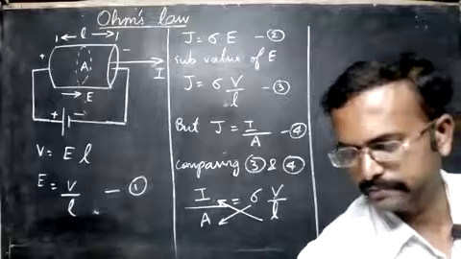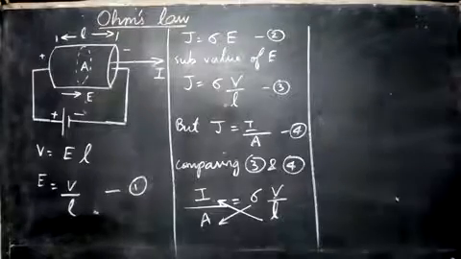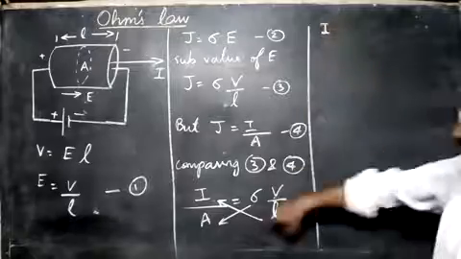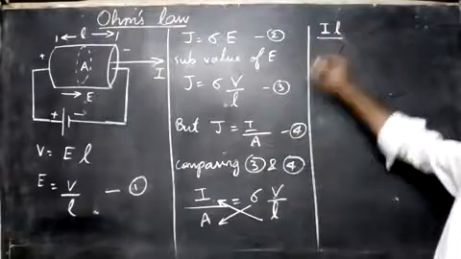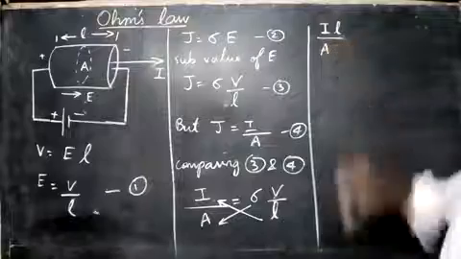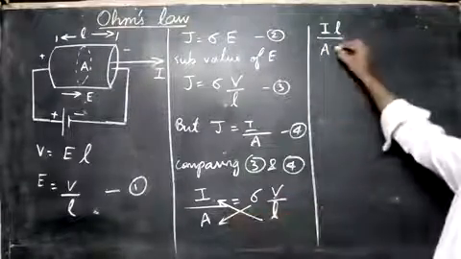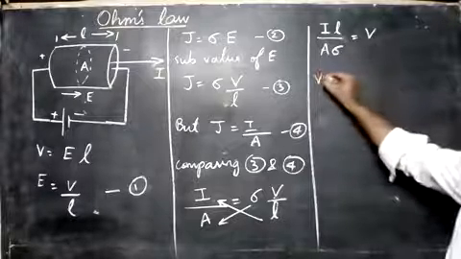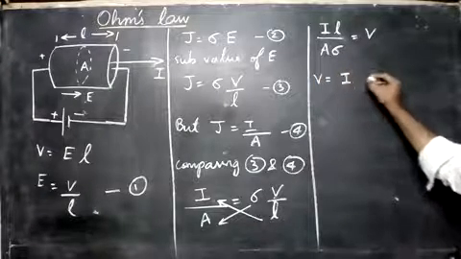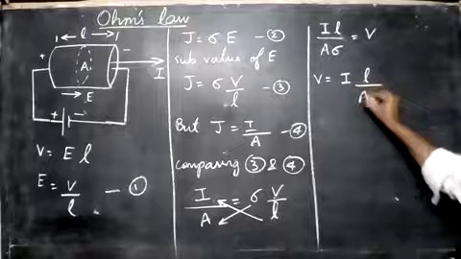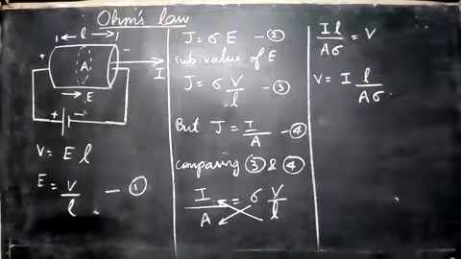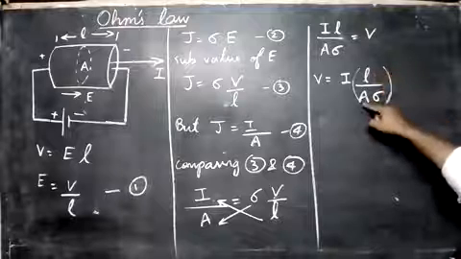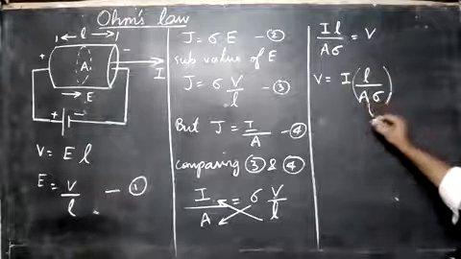So I into L by A into sigma is equal to V. Rearranging, V is equal to I into L by A into sigma. This term, L divided by A into sigma, we call it resistance.